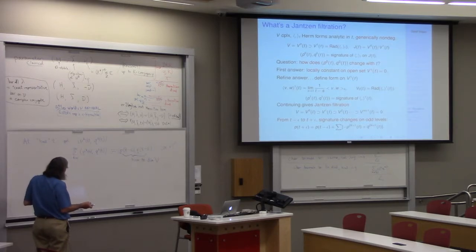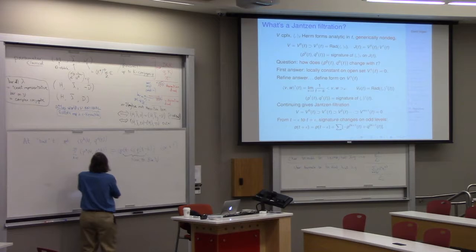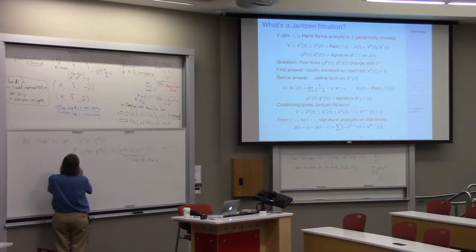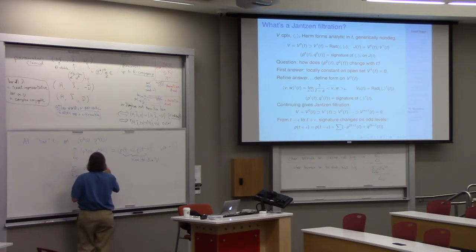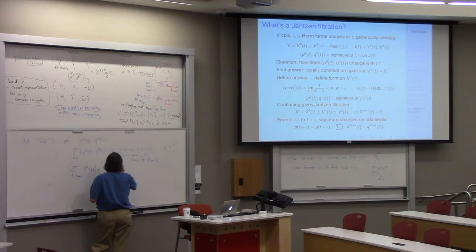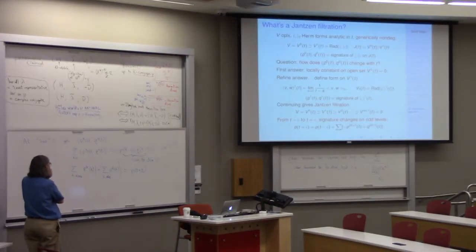Well, at the sum over K even P_K of T plus the sum over K odd Q_K of T, it is, I don't know.